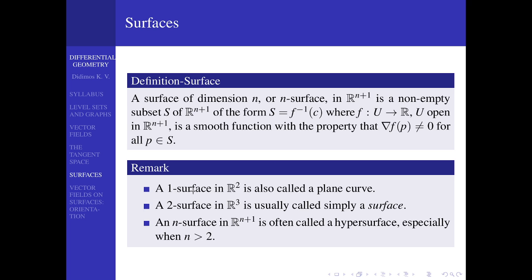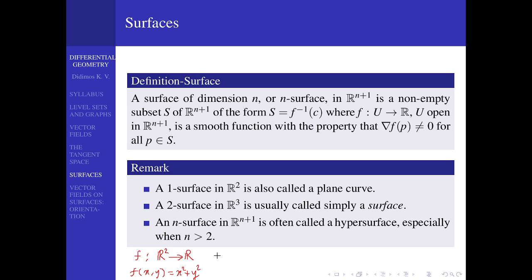So the first remark is, when you consider a one-surface, then a one-surface is also called a plane curve. One-surface means we need a smooth function from R^2 to R, or a subset of R^2 to R. I write that function as f(x,y) = x^2 + y^2.